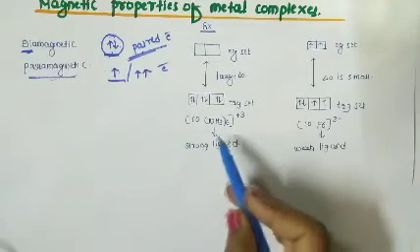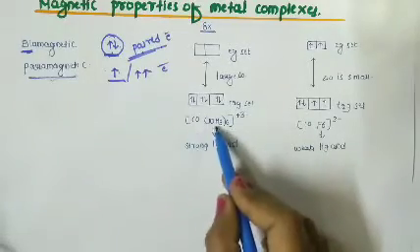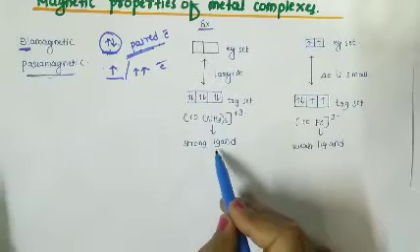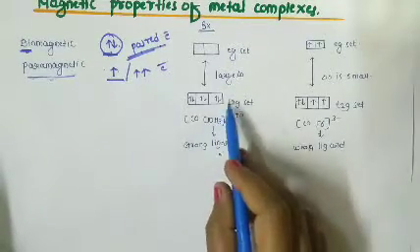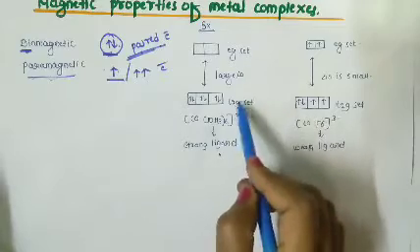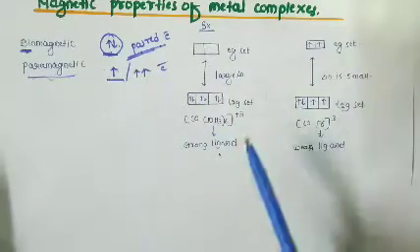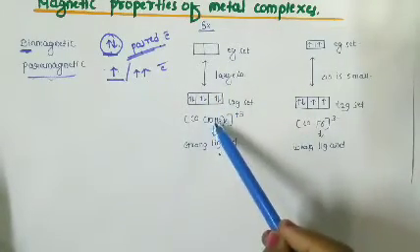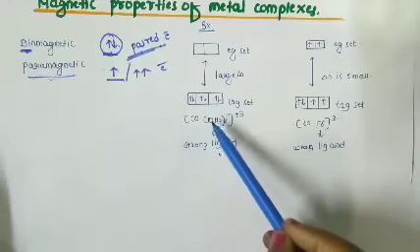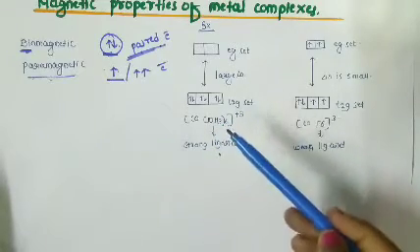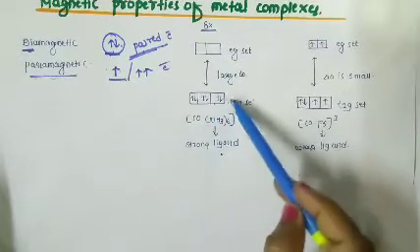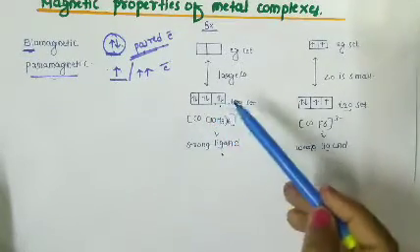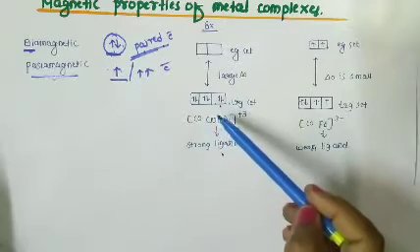In the first one, NH3 acts as a strong ligand. Here the splitting of d orbitals into t2g and eg sets occurs in the presence of the strong ligand, NH3. Electrons first occupy the lower energy t2g orbitals.